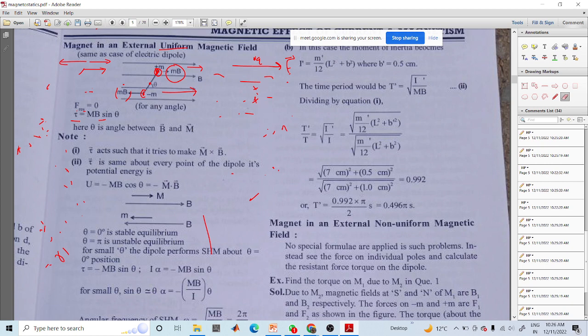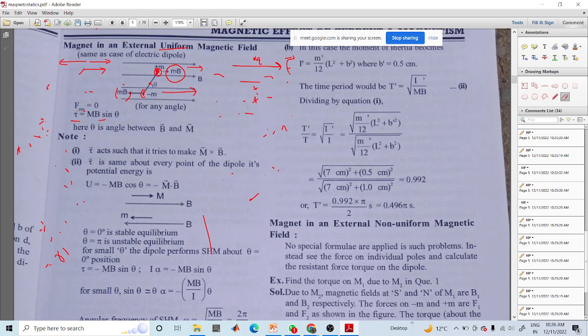You know about the pendulum: it comes here and after some time goes there. So we will also find the time period in the case of the magnetic dipole moment.